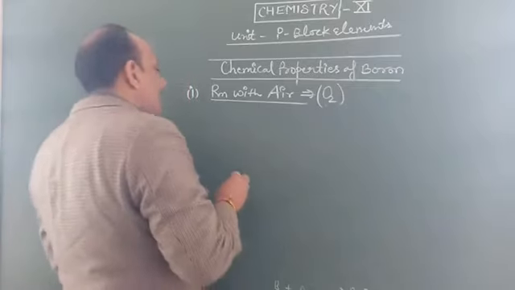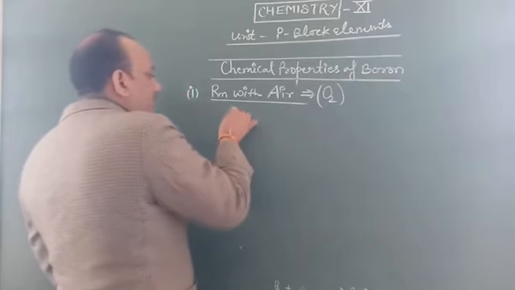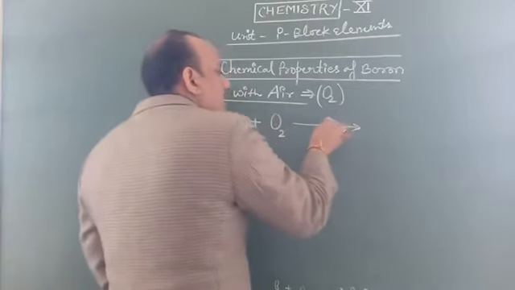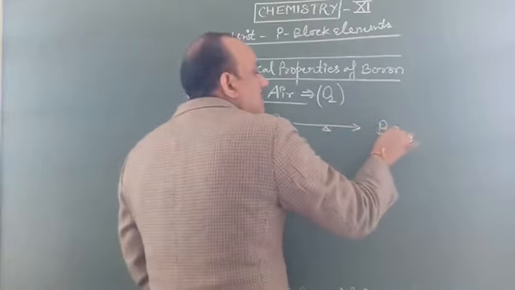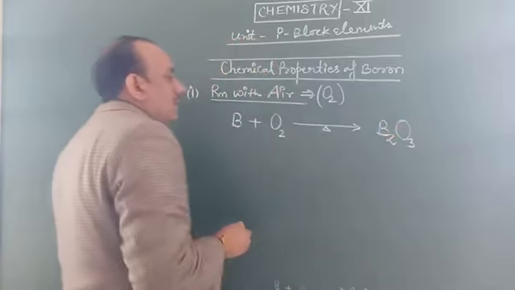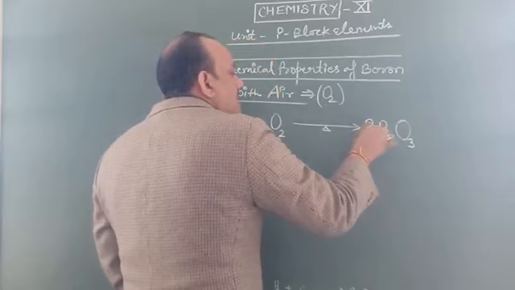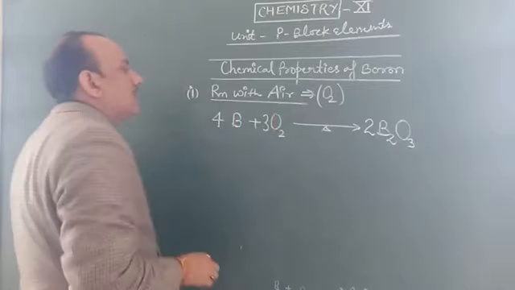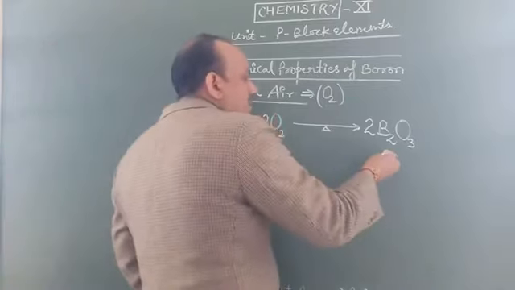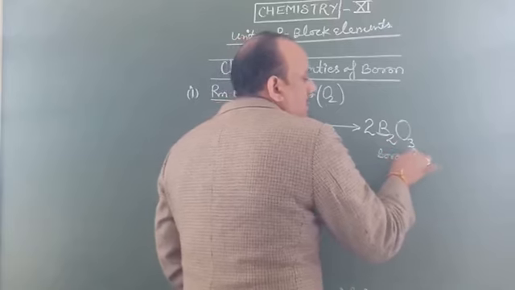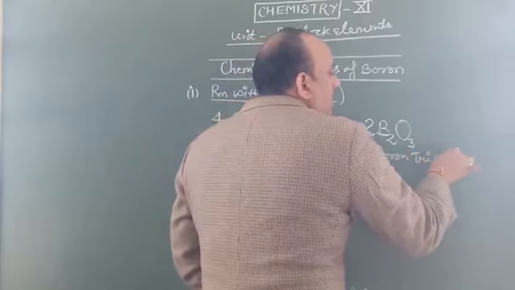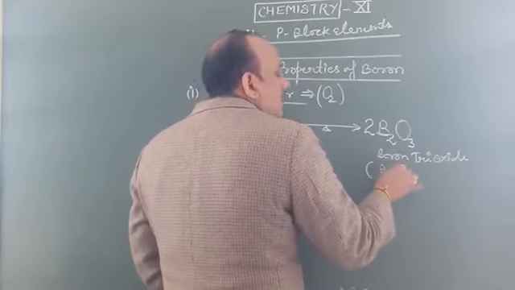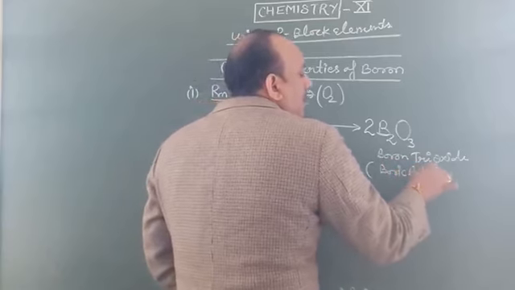Also it is known as boric anhydride. So its chemical reaction is B plus O2 gives B2O3. For balancing 2, 4 and 3. The product is known as boron trioxide. Also it is known as boric anhydride.